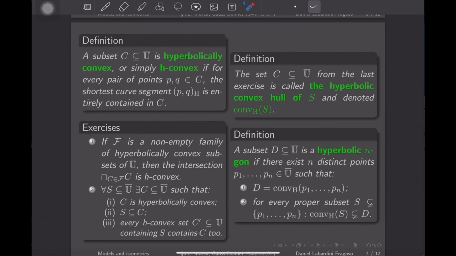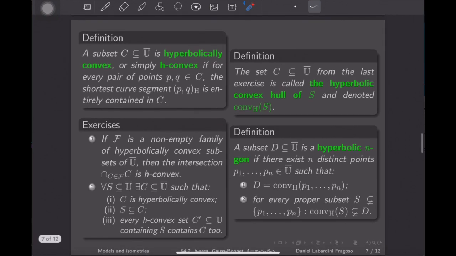But here this exercise shows that every subset of U bar has a convex hull. So first, if F is a non-empty family of H-convex subsets of U bar, then the intersection of all the members of the family is again an H-convex subset of U bar.